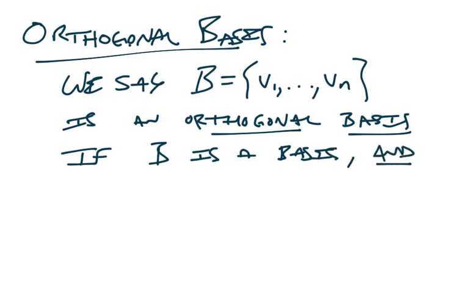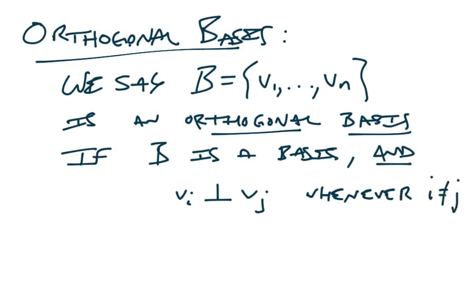And vi is orthogonal to vj whenever i is not equal to j. All right, so it's groups of vectors which are what we would say is pairwise orthogonal.